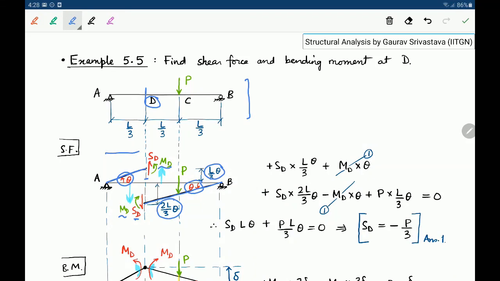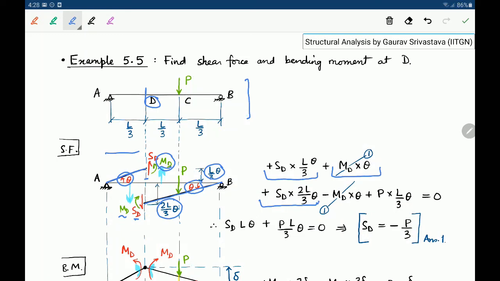Okay, so now we can write the principle of virtual work. So we have plus SD times L by 3 theta plus MD times theta. So this MD times theta is the work done of the left bending moment. Okay, then we have plus SD times 2L by 3 theta.